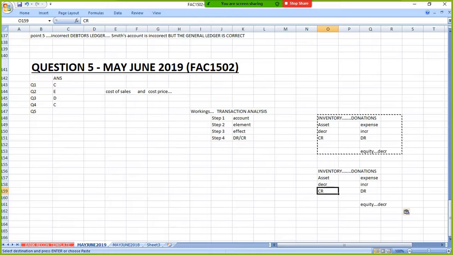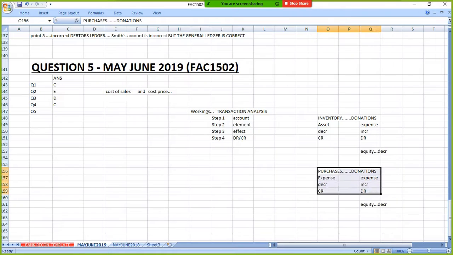Purchases here. What is purchases? It's an expense. The purchases will decrease. Expenses decrease where? On the credit side.